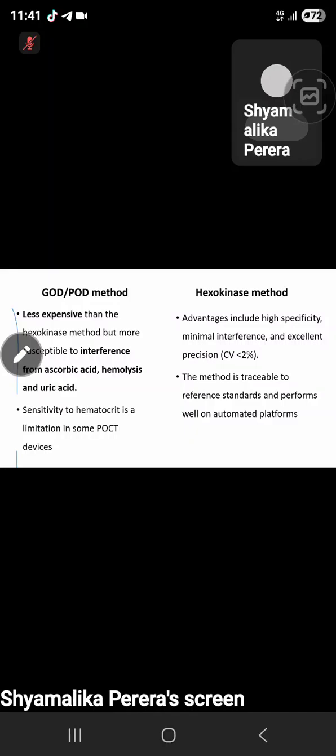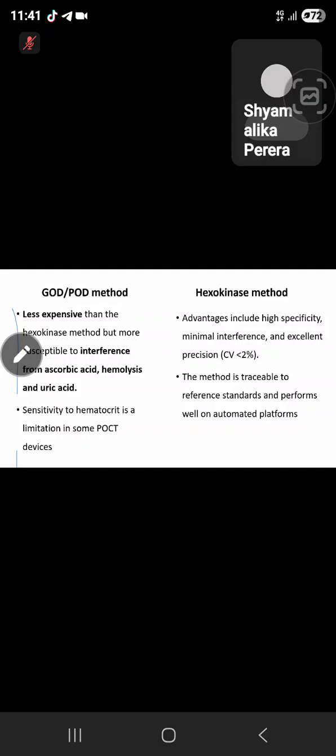There are differences between the oxidase-peroxidase and hexokinase methods. Oxidase-peroxidase is a less expensive method, but there are many interferences like ascorbic acid, hemolysis, and uric acid. Hexokinase is highly specific with minimum interferences and excellent CV, excellent precision. Then the other thing is that the oxidase-peroxidase method is very sensitive to the hematocrit or PCV value if you are using point of care devices.